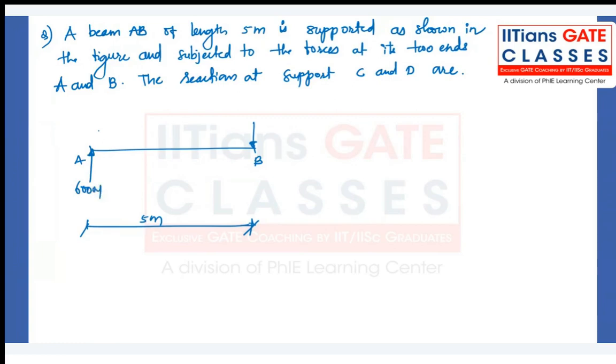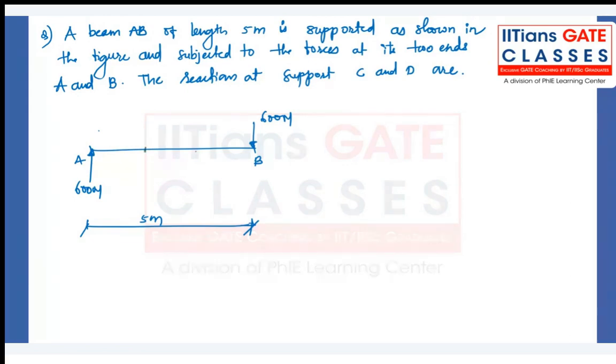Okay, and subjected to the forces. So these are the forces. These are not supports. We have some supports at points C and D.